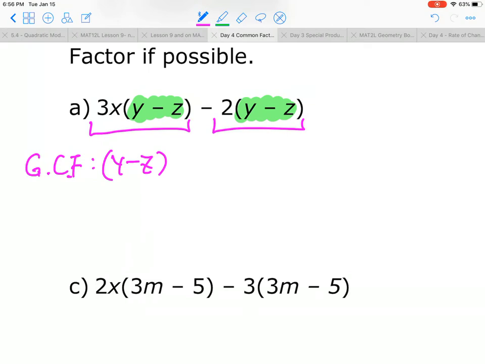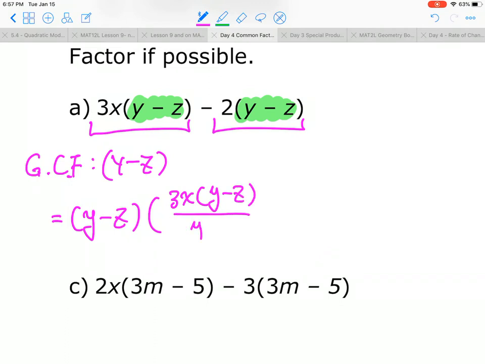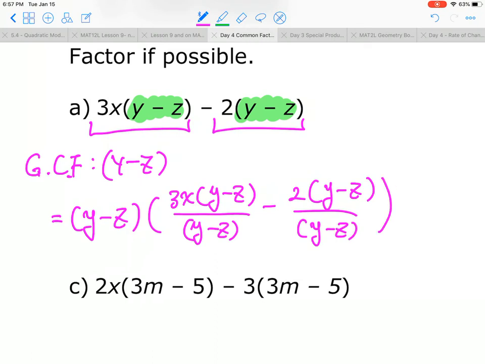Now this is where it becomes a little tricky, okay? Remember that we put y minus z, which is the GCF, and then we put 3x, y minus z divided by y minus z, minus 2, y minus z over y minus z, right?